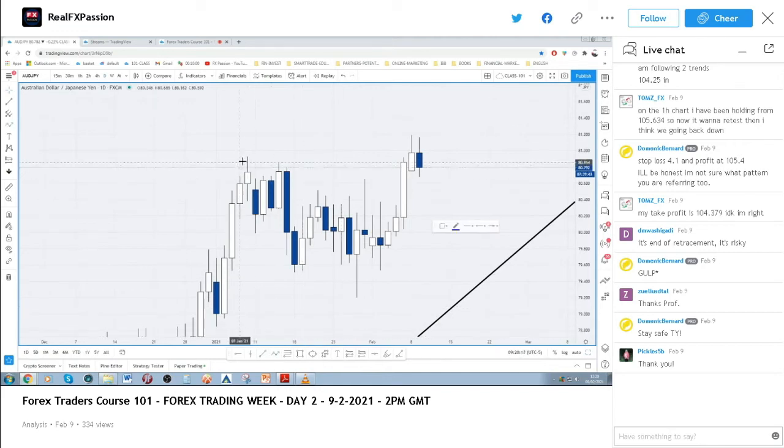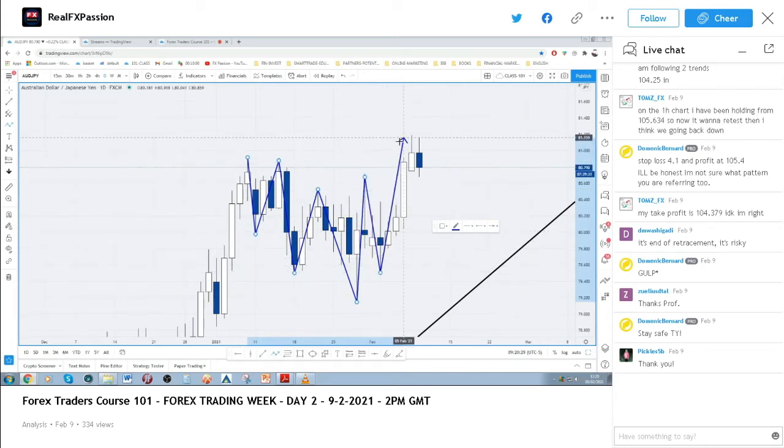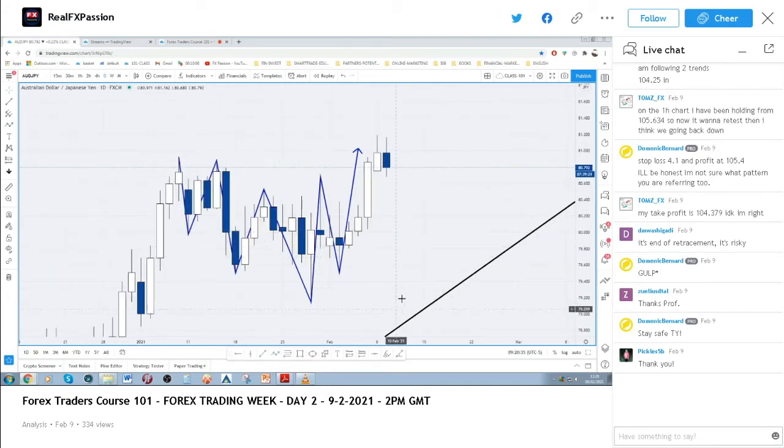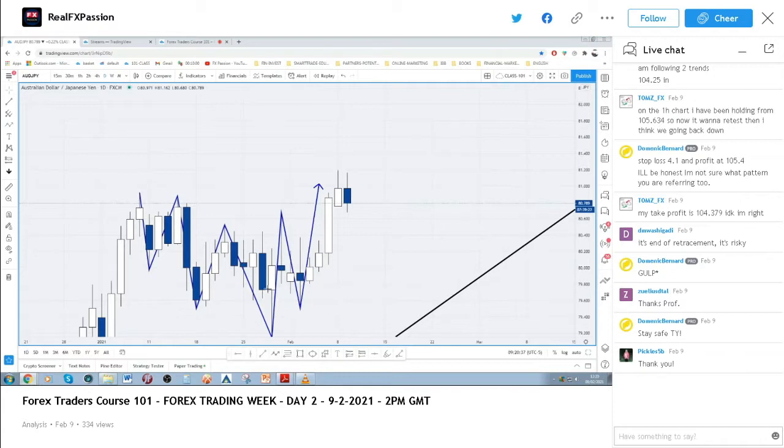What is the daily doing? High to low, low to high, high to low, low to high, high to low, low to high, high to low, and this is not a high yet. Is the daily retracing or is the daily extending? What is the market doing on the daily? Is the market making lower lows, lower highs, or is the market making higher highs, higher lows?